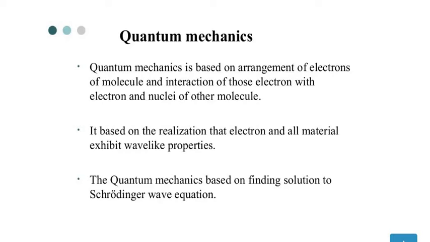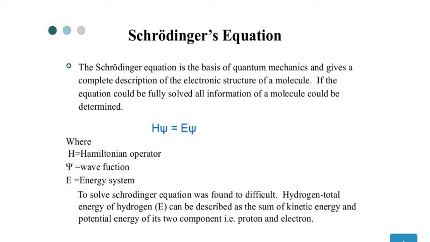Quantum mechanics is based on finding solutions to the Schrödinger wave equation. You know, my friends, the Schrödinger equation is very basic quantum chemistry. The Schrödinger equation is the basis of quantum mechanics and gives a complete description of the electronic structure of a molecule. If the equation could be fully solved, all information of a molecule could be determined.